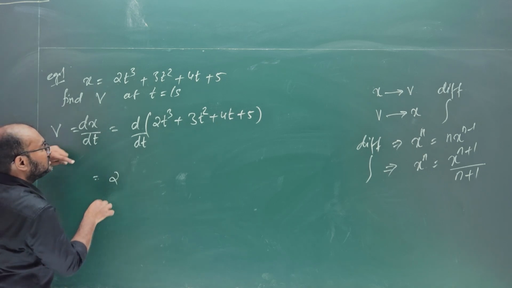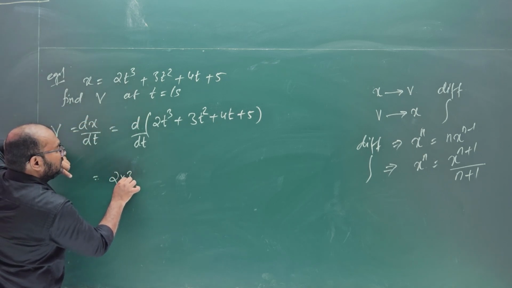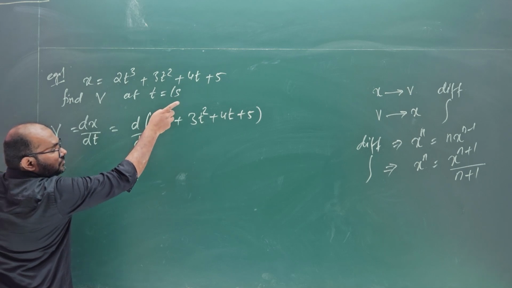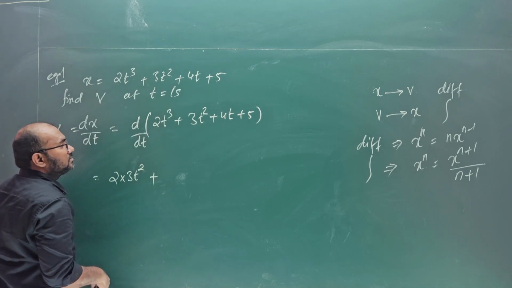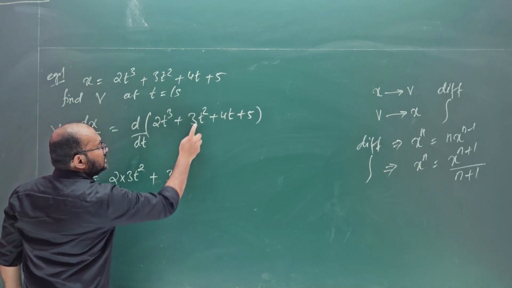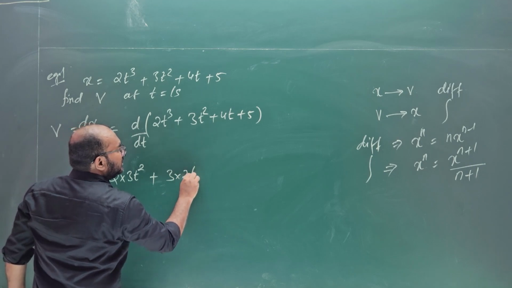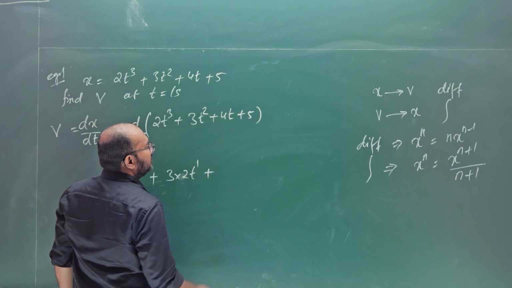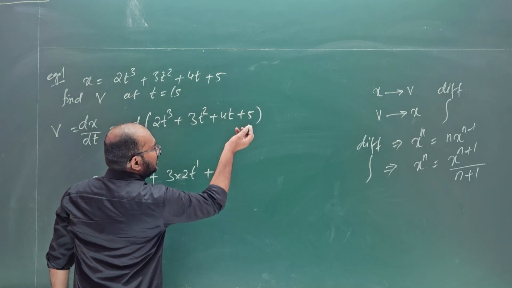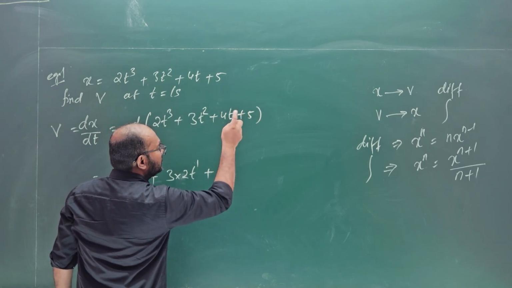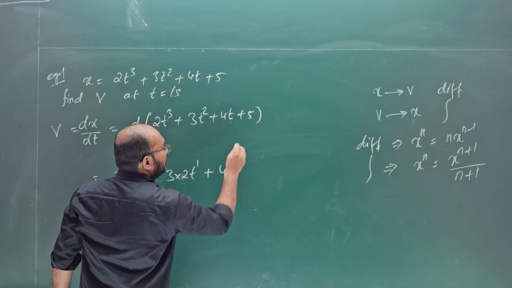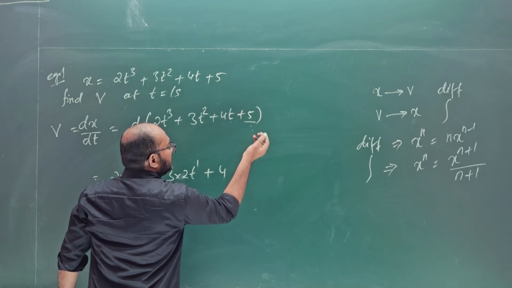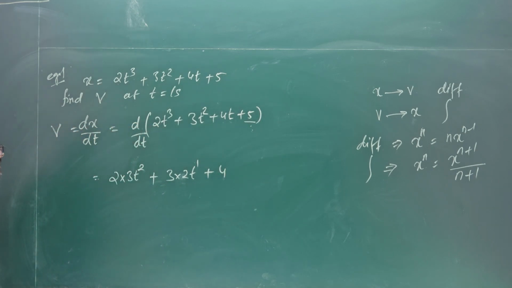Then this becomes 2 as it is, 3 comes to the denominator, 3t, 3 minus 1, 2, plus 3 as it is, this 2 comes to the denominator, t, 2 minus 1, 1, plus 4 as it is, t, 1 minus 1, 0, so this becomes nothing, 4, and the constant has a value 0.